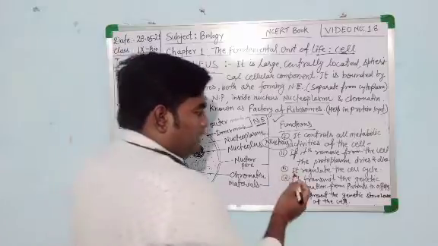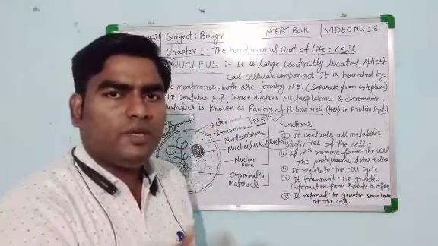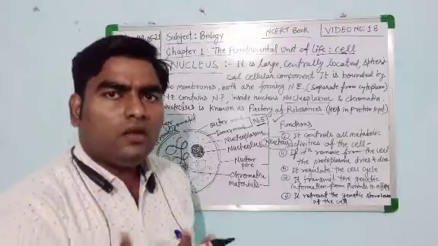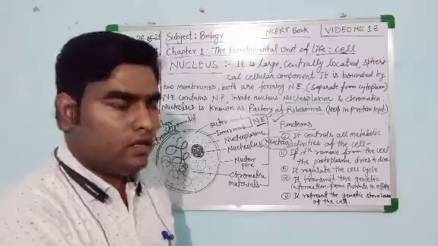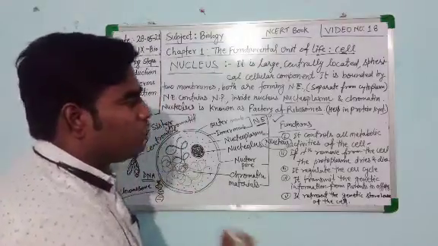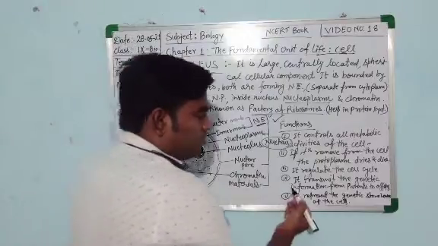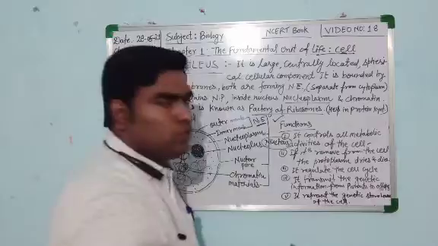It regulates the cell cycle. Nucleus regulates the cell cycle, means when a cell goes for cell division, it regulates that cell cycle. It provides the chromosome and DNA which multiply and regulate the cell cycle. Next function, it transmits the genetic information from parent to offspring.